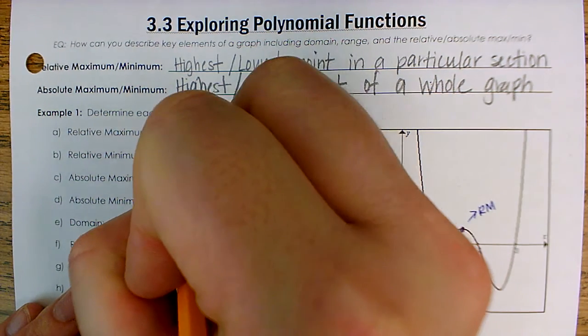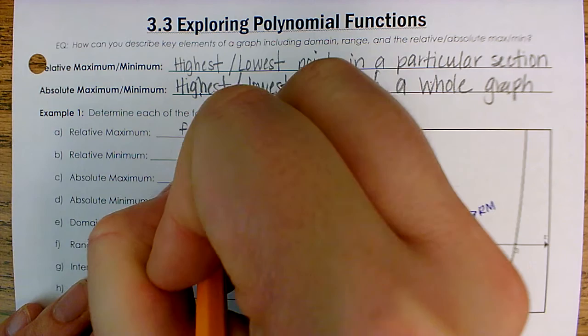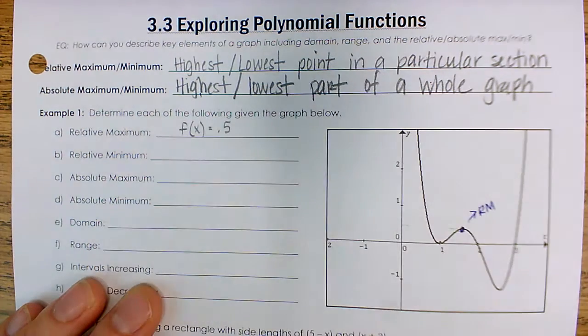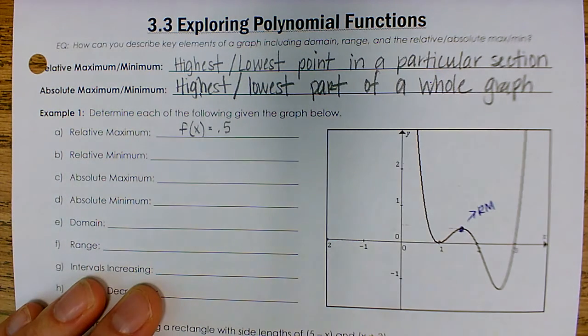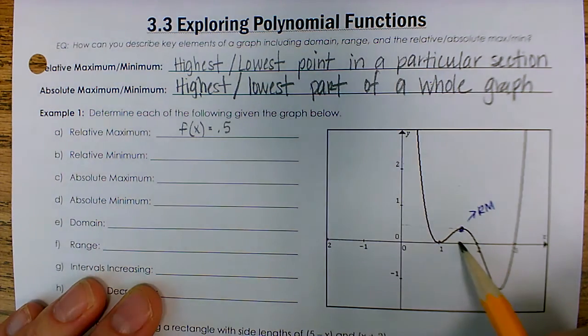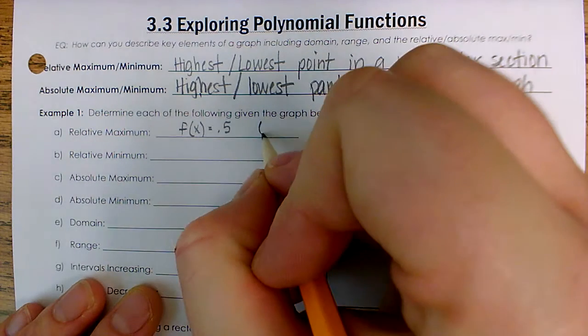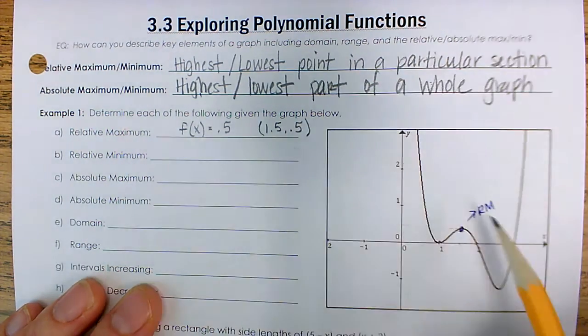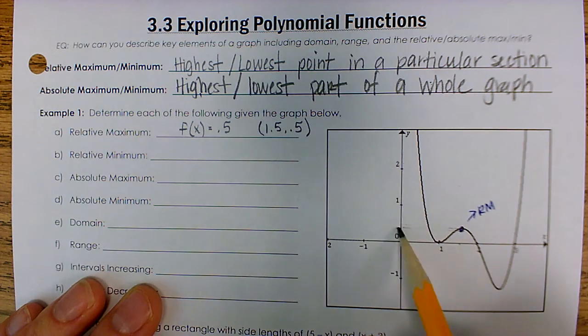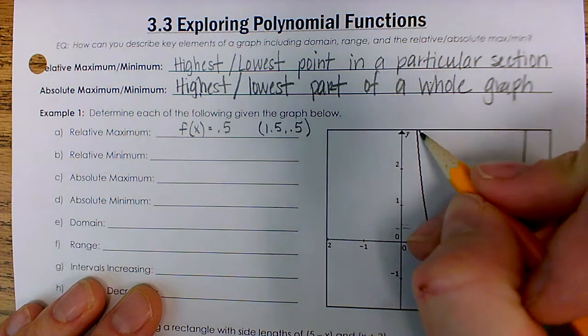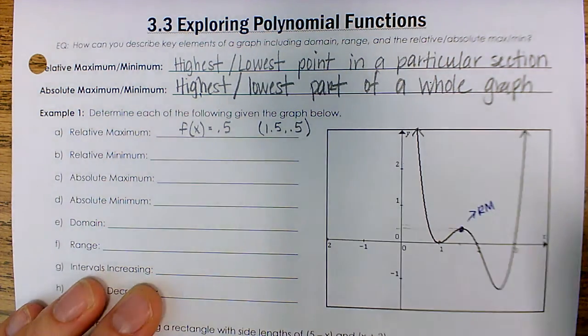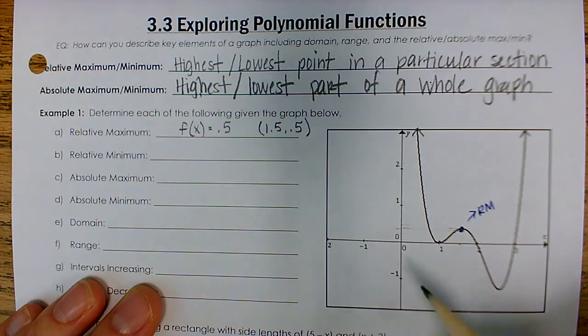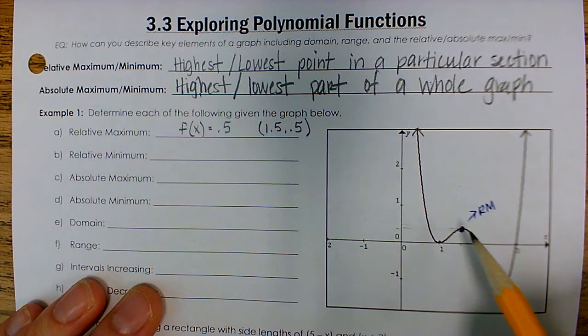So at y equals 0.5, relative maximum. The point itself, you could say it would be at 1.5 if you're talking the exact point. But the highest part that we can see, because this of course goes on forever, is right there at about 1/2.